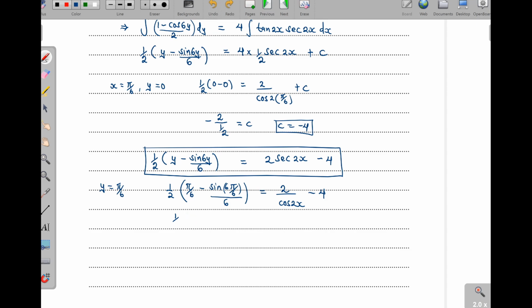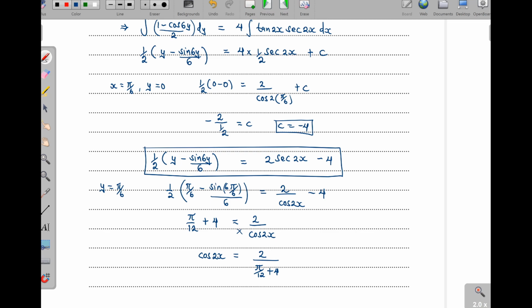So I'll just write this one as pi out of 12. Then I'll add on the 4 that is coming from this side. Then this one is equal to 2 out of the cosine of 2x. Then we can cross multiply. So we shall have cosine of 2x, which is equal to 2 out of now the whole of this, which is pi over 12, then plus the 4.